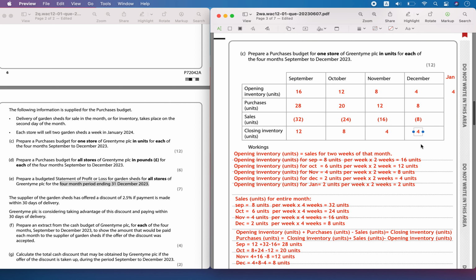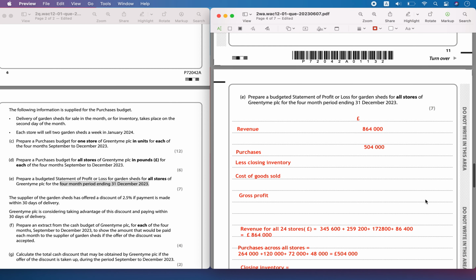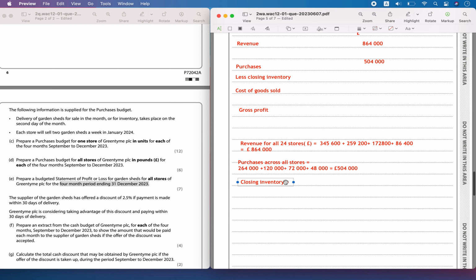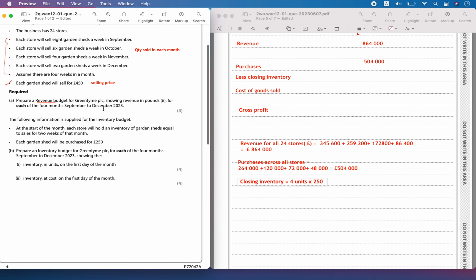here the closing inventory on December was 4 units left at the end. So that is going to be equal to 4 units, each costing 250 pounds. That was the cost of purchase, 250 pounds, across 24 stores.